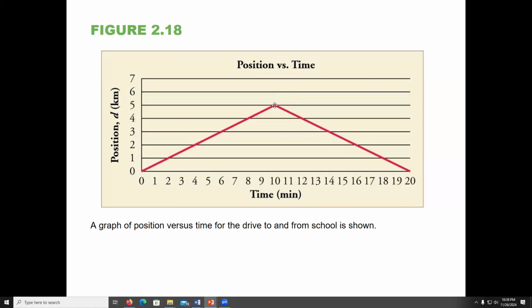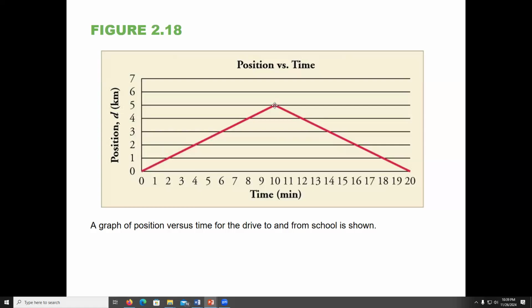What matters is that after minute 10, we went in exactly the opposite direction of our initial trip. From minute 0 to minute 2, we went 1 kilometer in one direction. From minute 0 to minute 4, we went 2 kilometers in that same direction. From minute 0 to minute 10, we went about 5 kilometers in one direction.